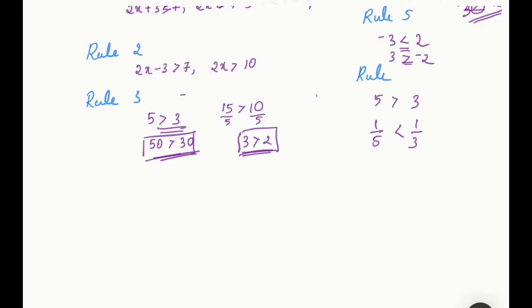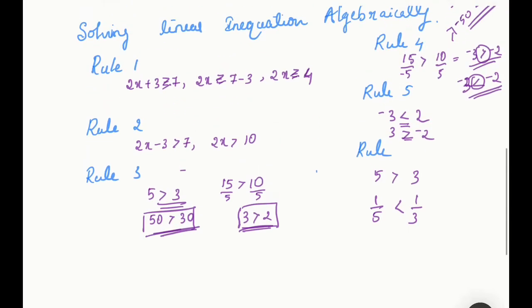So, let us quickly go through the rules again. What is the first rule? In the first rule, if a positive term is there and it's transferred to the other side, it will become negative. Okay. And if a negative term is there, when you change it to the other side, it will become positive. Third rule is, when you are dividing or multiplying with a positive term on both the sides, the inequality doesn't change. Fourth rule is, when you are multiplying or dividing with a negative term, the inequality changes.